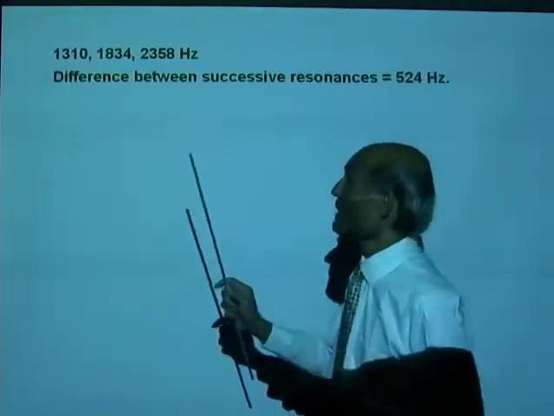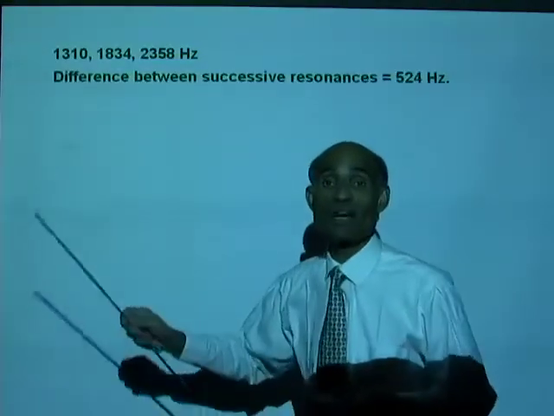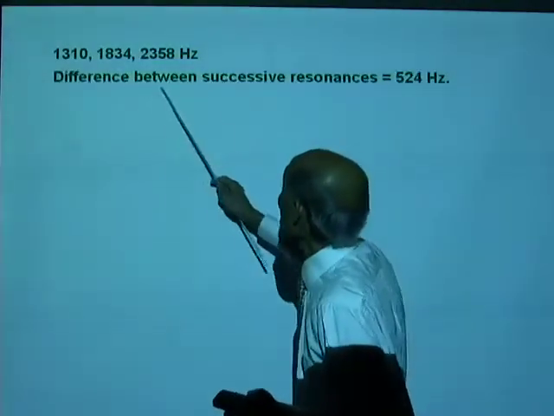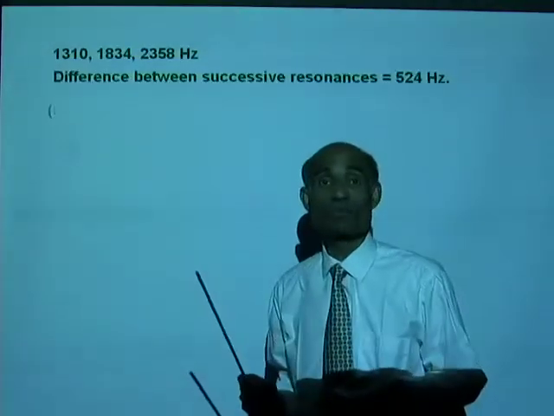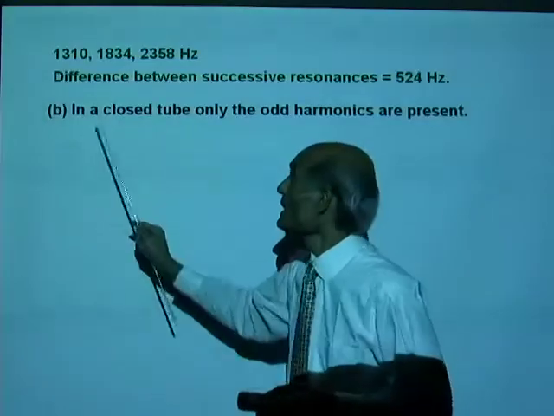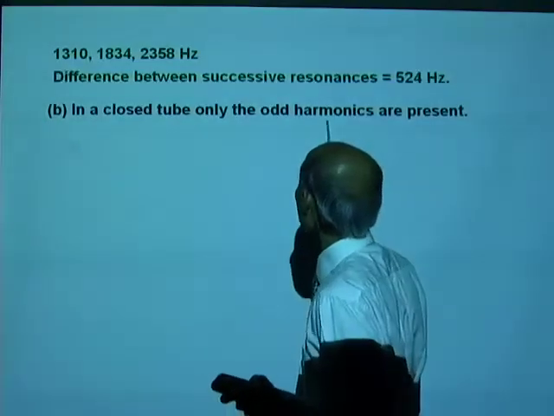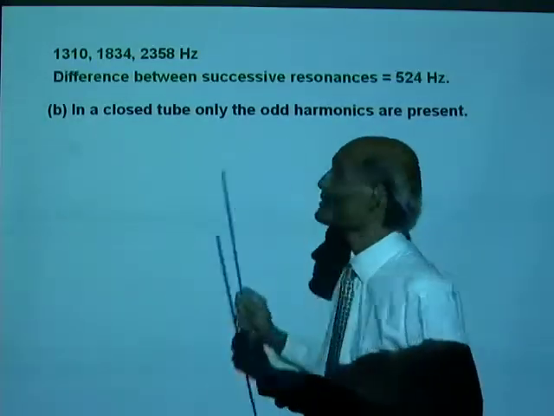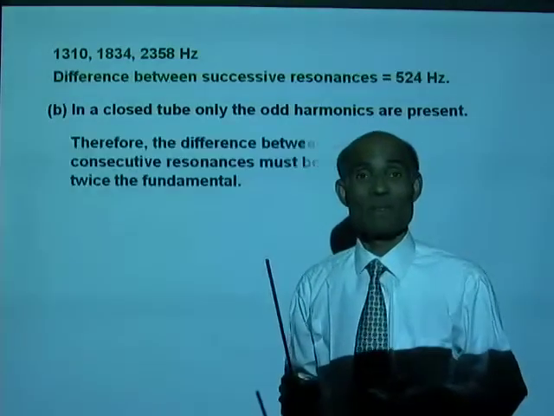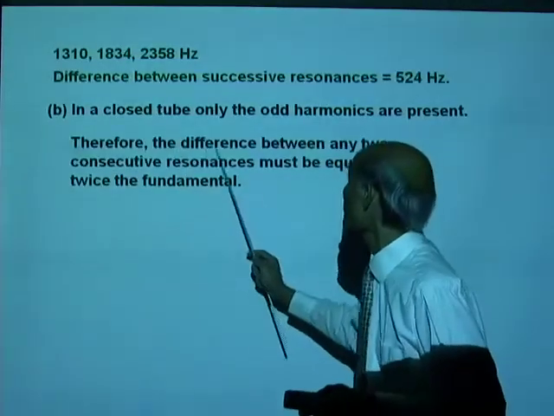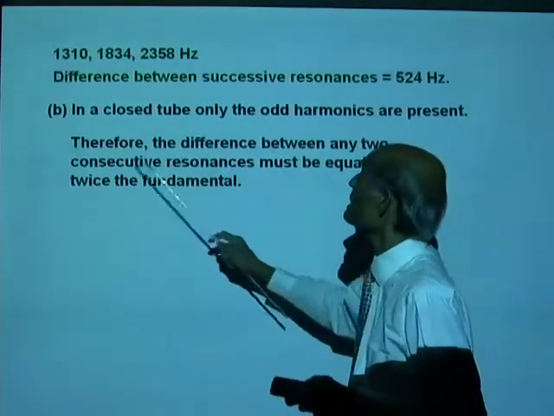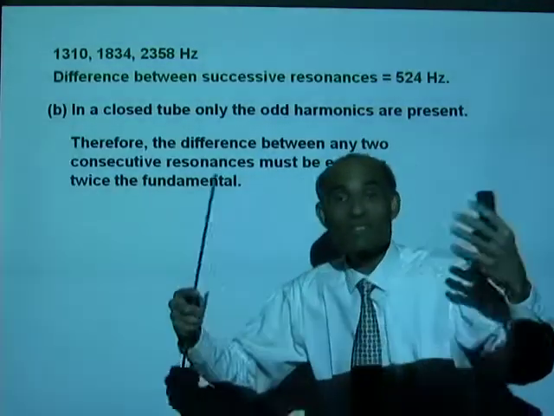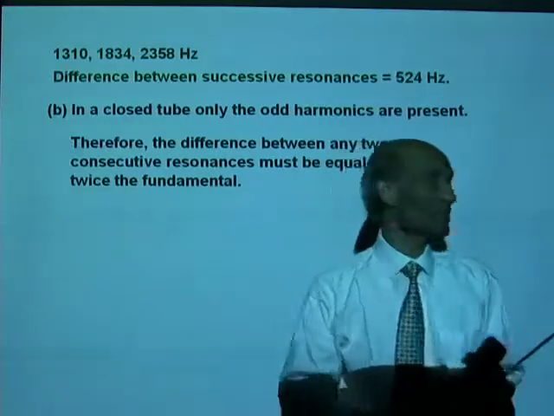Alright, now you know that the tube is closed at one end, and the difference between the successive resonances is 524 Hertz. In a closed tube, only odd harmonics are present. So therefore, the difference between any two consecutive resonances must be equal to twice the fundamental. Isn't it?